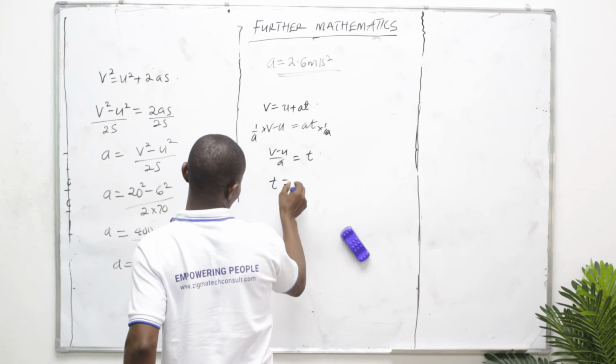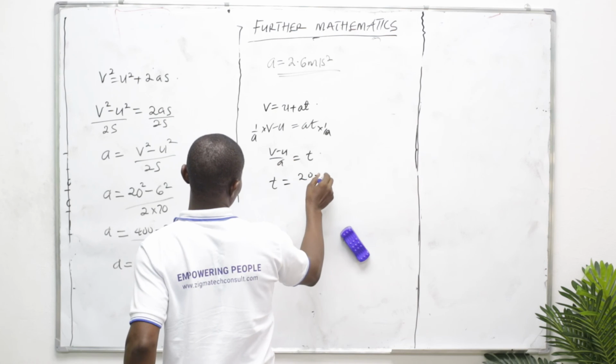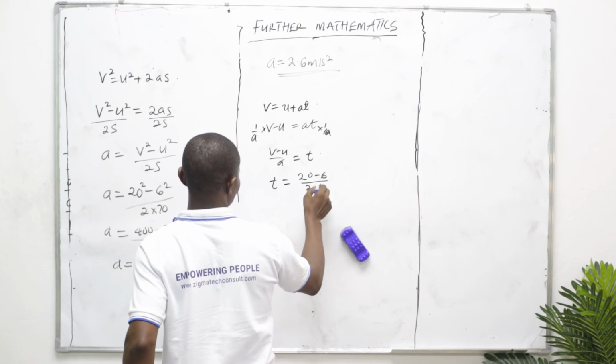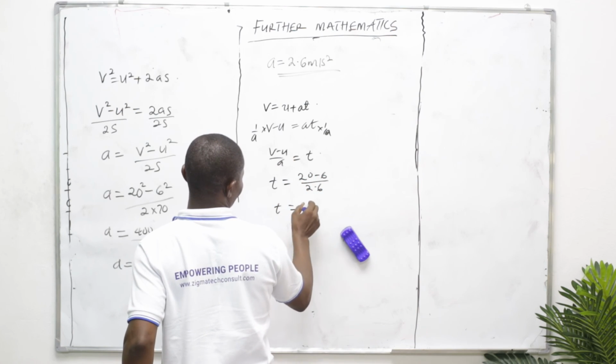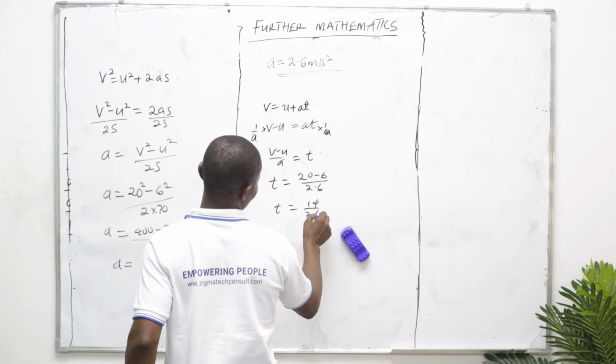Now t equals 20 minus 6 all over 2.6. T now equals 14 all over 2.6.